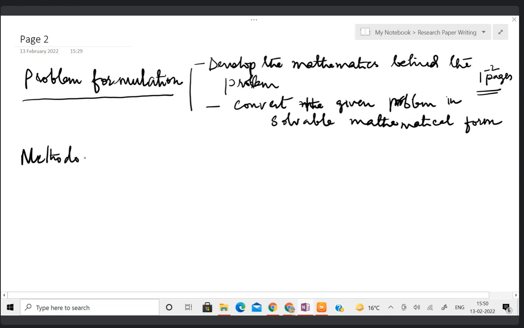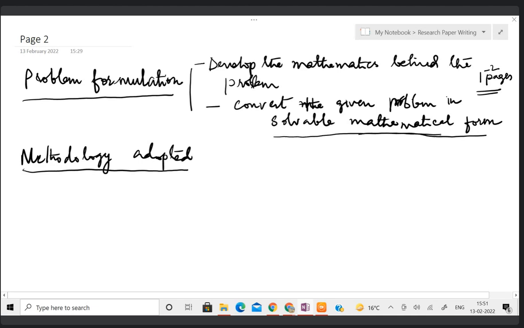the methodology adopted to tackle the given problem. Okay, so the mathematical form of the problem you have already derived in the previous section. Now, the next section, which is about the methodology adopted, is the way in which you intend to solve that mathematical form of the problem.